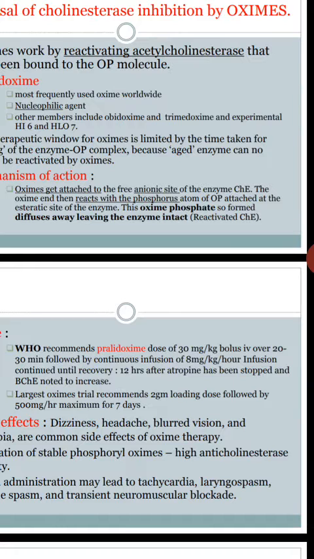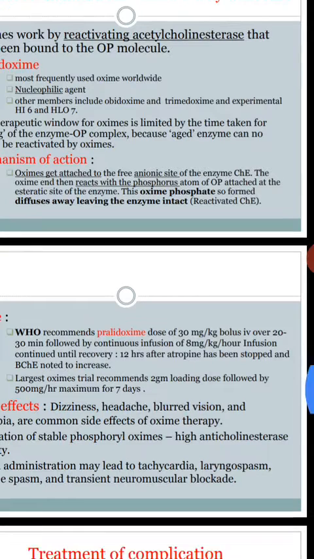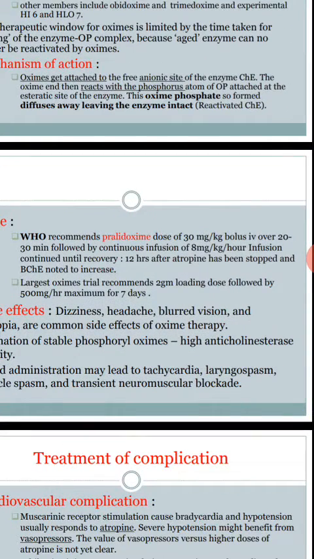So oximes immediately bind with the phosphorus atom of the organophosphorus compound, so that they form an oxime-phosphate complex. Immediately the enzyme is free from the organophosphorus compound. Like this you can reactivate the acetylcholinesterase enzyme. Again, oximes first bind with the anionic site present on the acetylcholinesterase enzyme.